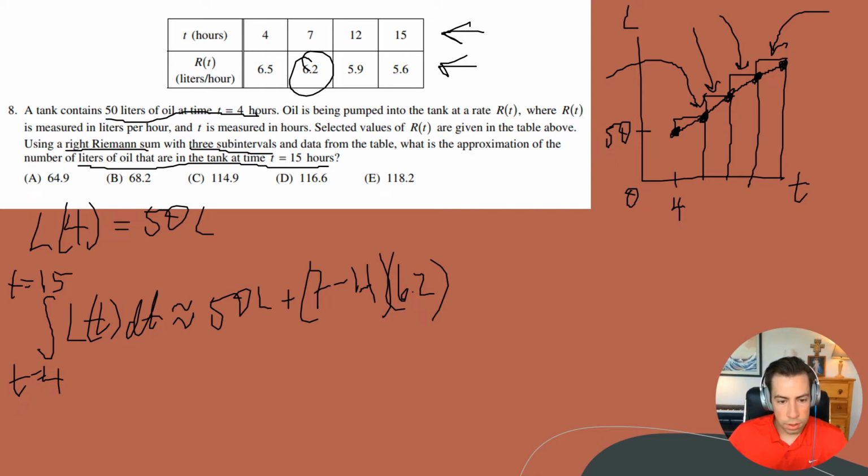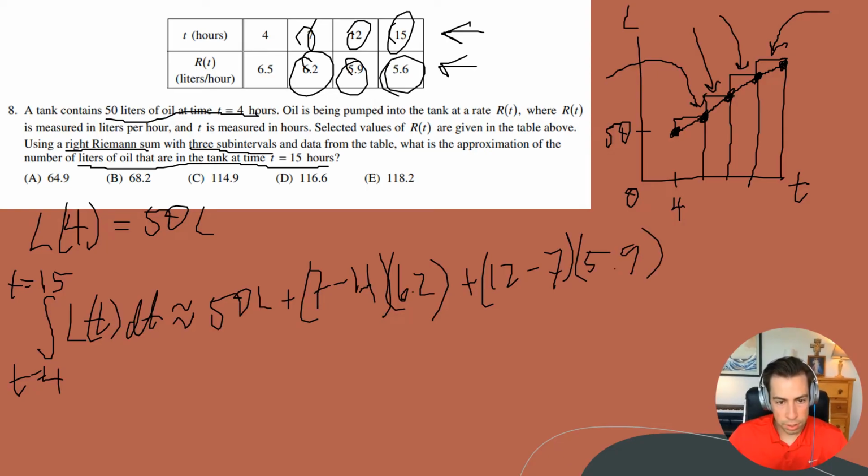Then I will do 12 minus 7, and I want to use the rate to the right, so 5.9. And then I'll do the same thing here. So it'll be 15 minus 12, and again, this should be plus 15 minus 12 multiplied by 5.6.